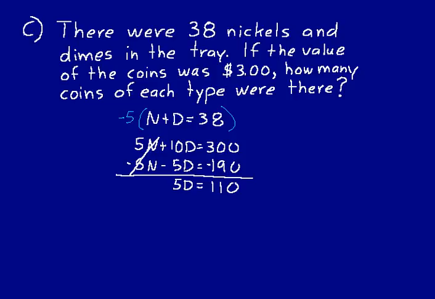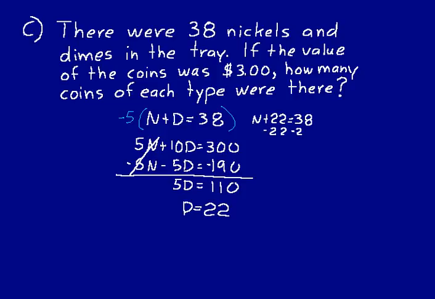If I divide both sides by 5, the number of dimes is equal to 22. Okay, so now I know how many dimes I have. I can substitute that back. I'll substitute it into the top equation, and I'll see n plus 22 equals 38.